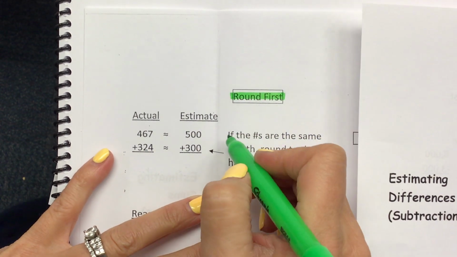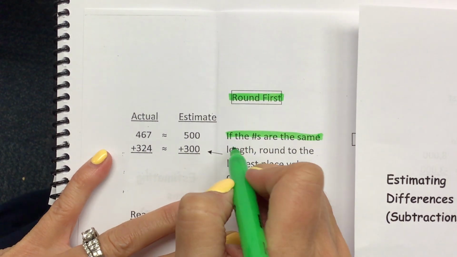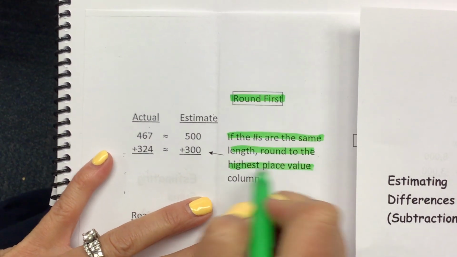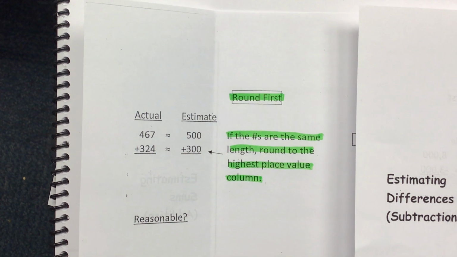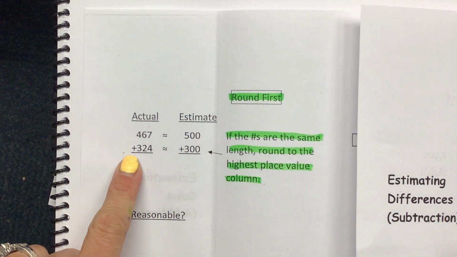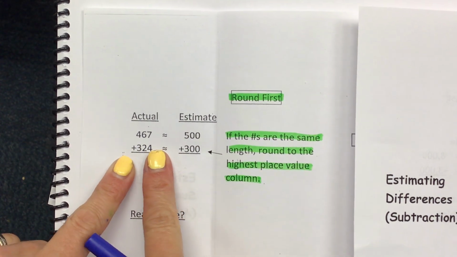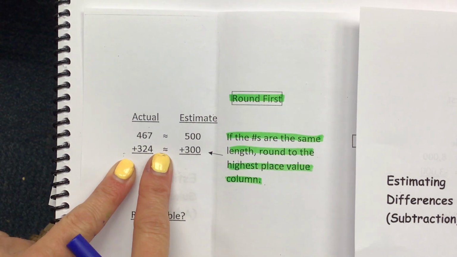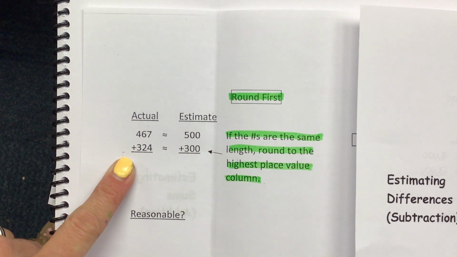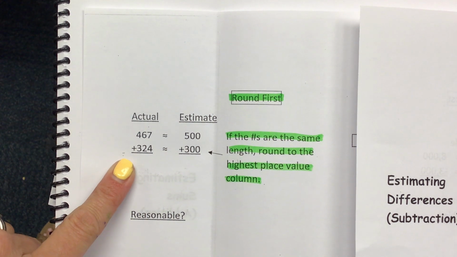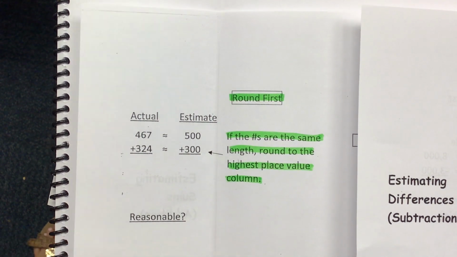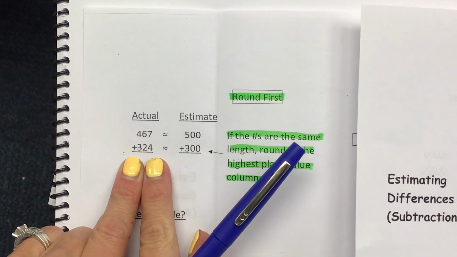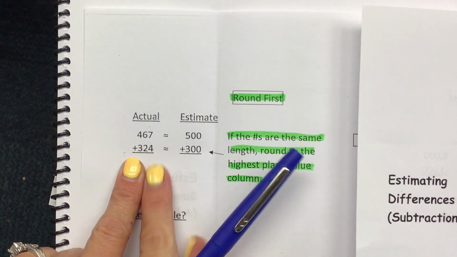Everyone highlight it. If the numbers are the same length, round to the highest place value column. So here are two numbers, 467 and 324. Are those the same length? They both have how many digits? 3, thank you. So we round them to the highest column, or the hundreds place.